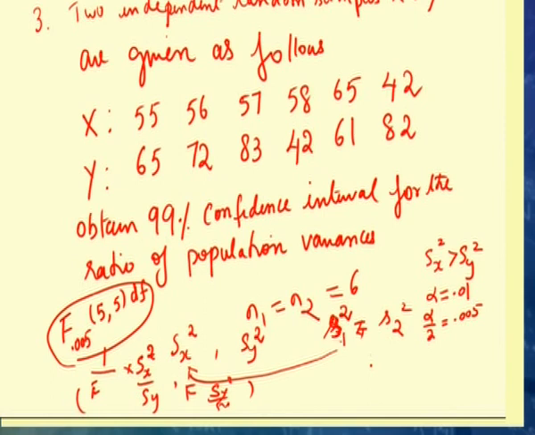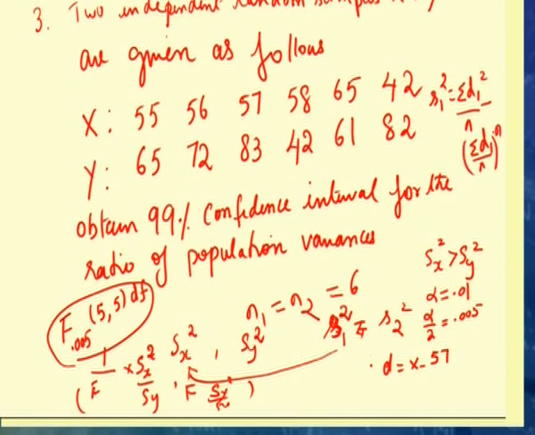So you know how to calculate S1 squared. S1 squared is nothing but, either you can take the deviation, namely that for x you can take d equal to x minus 57, find the summation of d squared and calculate d bar. Therefore, S1 squared is nothing but summation d1 squared divided by n minus the square of summation d1 divided by n.